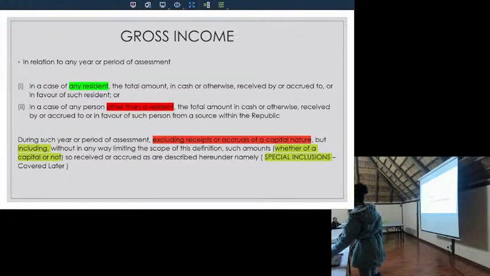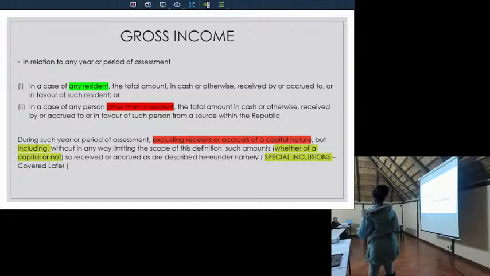But including, right? It started excluding receipts and accruals of a capital nature, but it's including what? Without in any way limiting the scope of this definition, such amounts, whether of a capital nature or not, so received or accrued as are described here under, namely special inclusions. So anything under the general definition will be included. We don't have to question whether it's capital or not. If it's salary, we don't even have to go as far as using accrued to case laws to include it in our gross income.